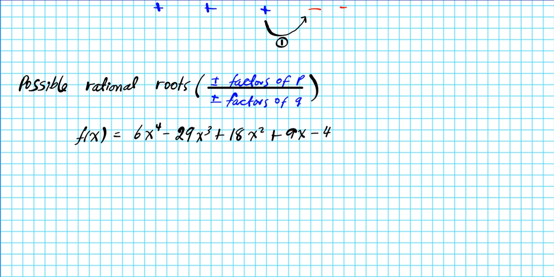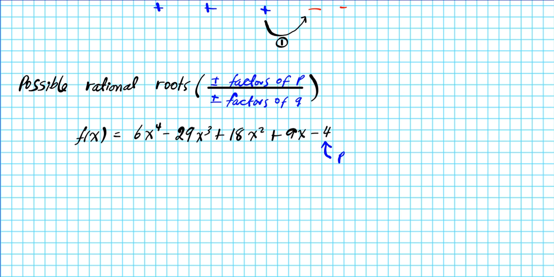If you do not have a constant term, then you have to carry out the necessary factorization of a GCF, so you have a constant term. All right, so what is P? P is the constant term right here. It's kind of backwards.